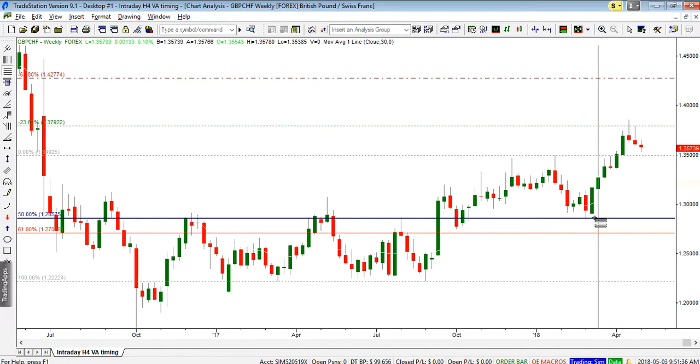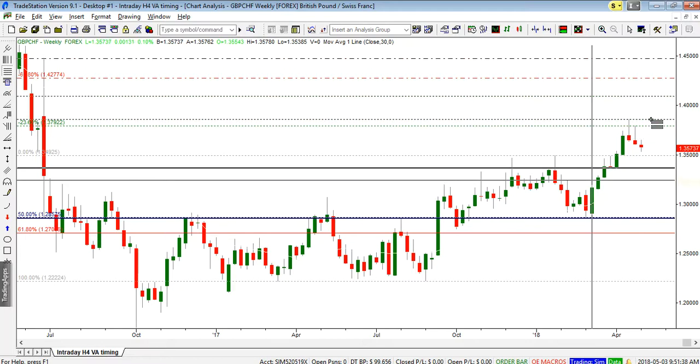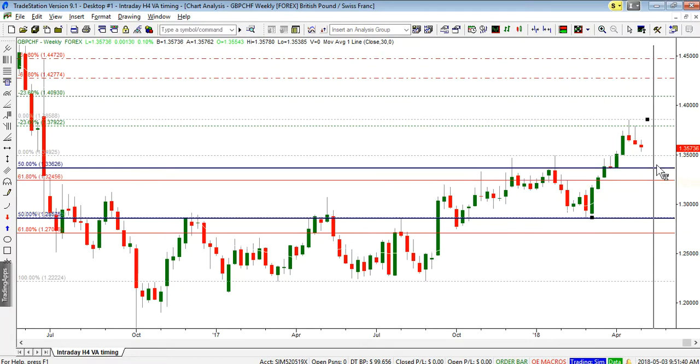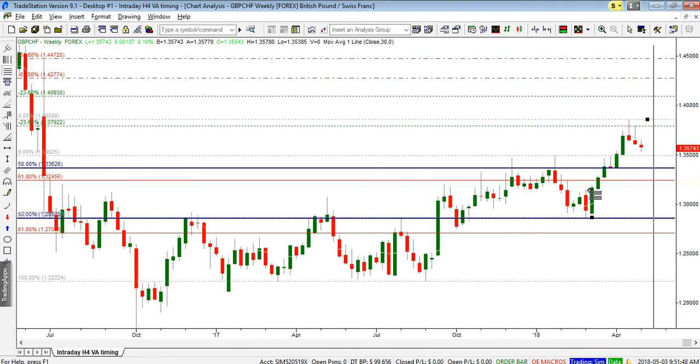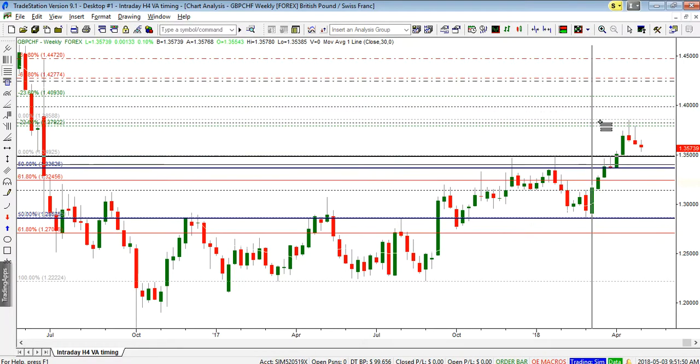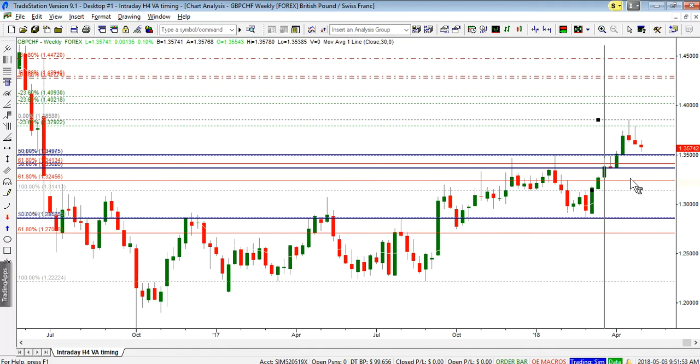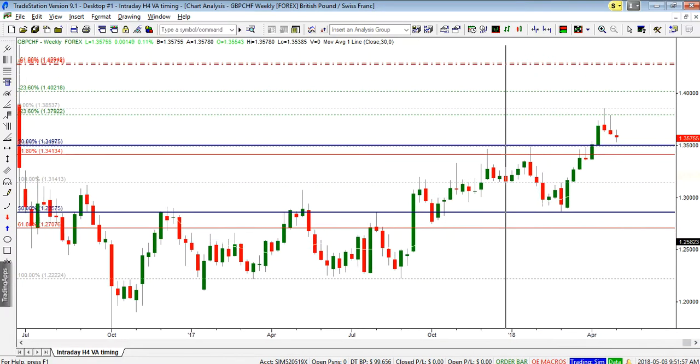The correction is not as strong, so if the next measure move came into play, that would be the 133.62, but this correction has been very weak and this market has been very extended, so that's why I also have the extension long, which has not been tested yet. Okay, and that extension long would be 134.97.